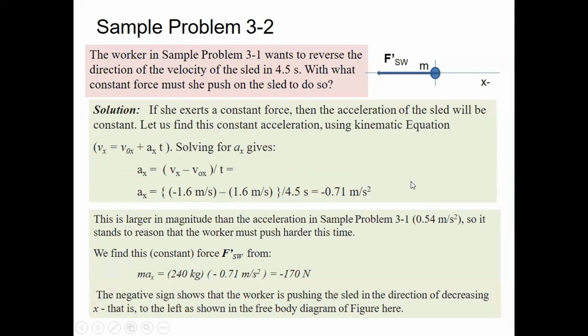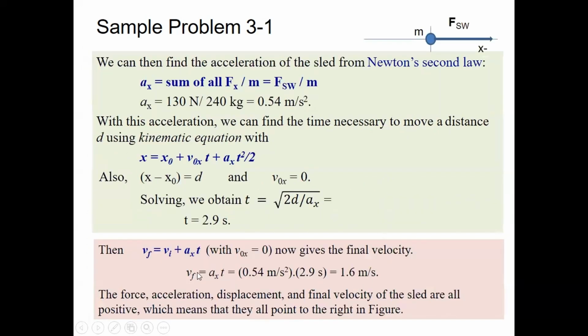Let's do another example. In this sample problem, we want to reverse the direction of the velocity of the sled in 4.5 seconds. What will be the constant force that must be pushed on the sled to do so? We have seen in the previous example, let me show you, that the final velocity was a positive 1.6 meters per second.